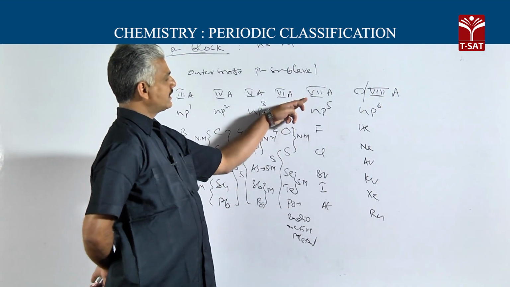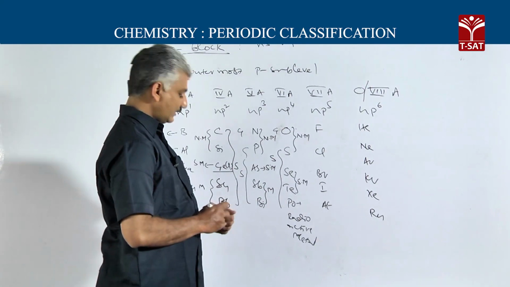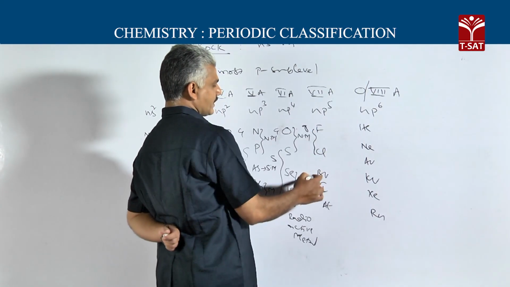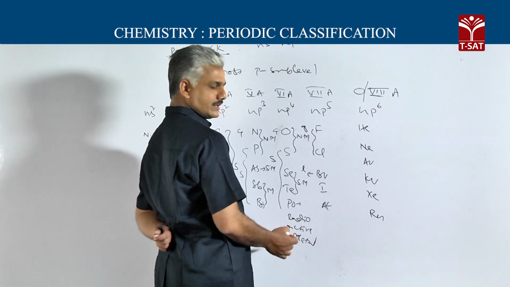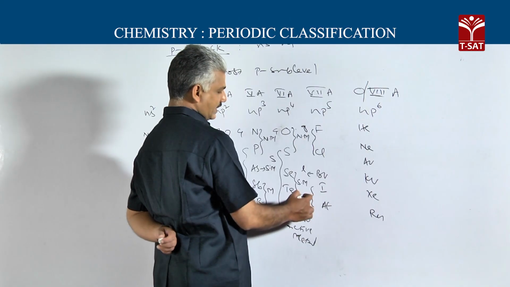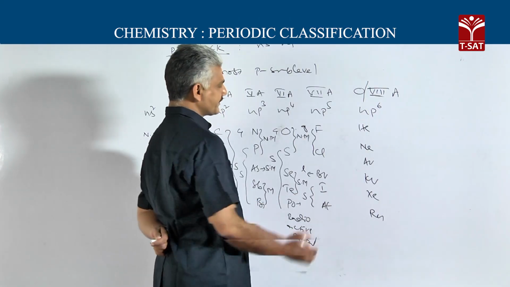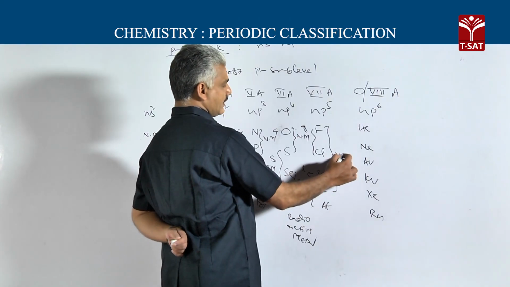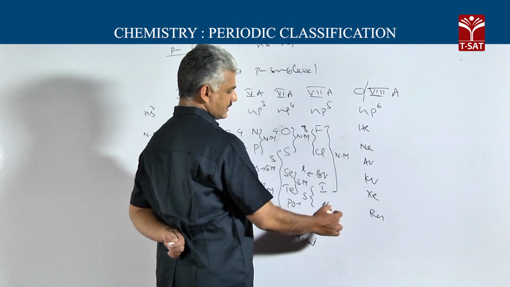Then coming to 7th A group elements, fluorine and chlorine exist in gaseous state, bromine exists in liquid state, iodine and astatine exist in solid state. From fluorine to iodine, the elements are non-metals.